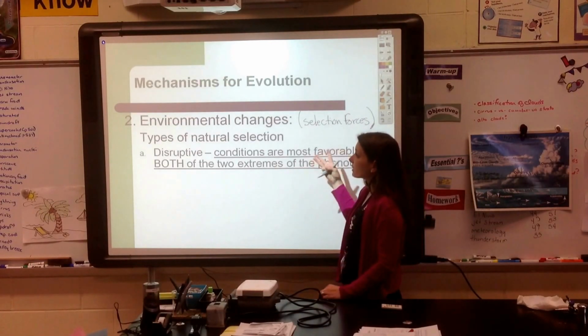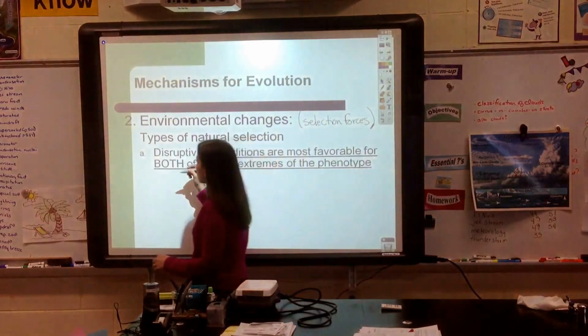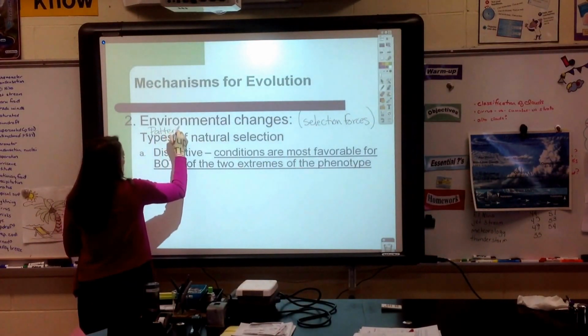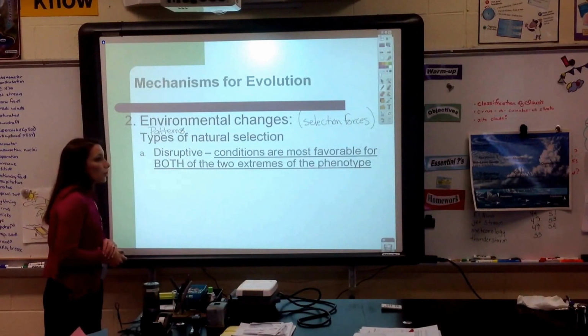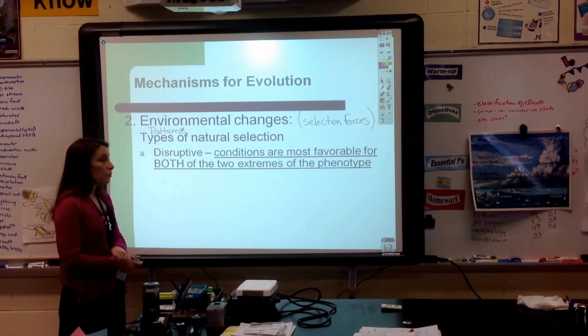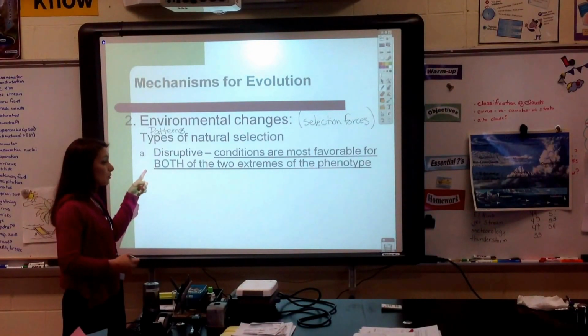There are three types, or we're going to say patterns, of natural selection. The first is called disruptive. Conditions are most favorable for both of the two extremes.